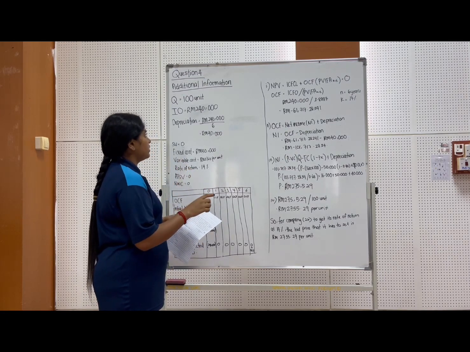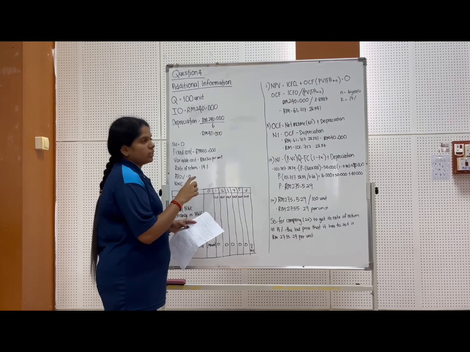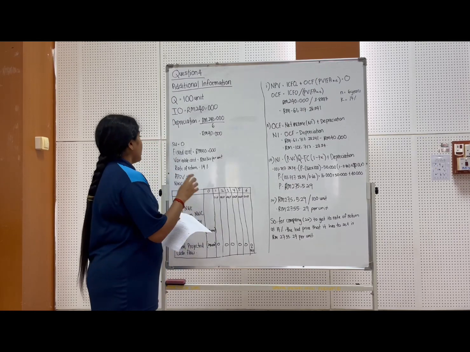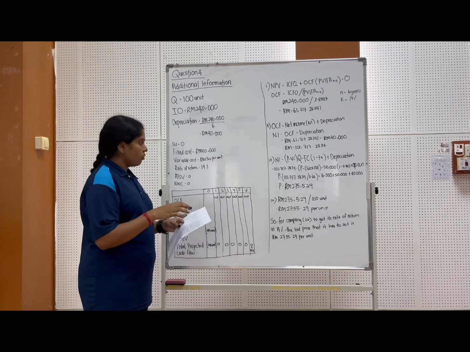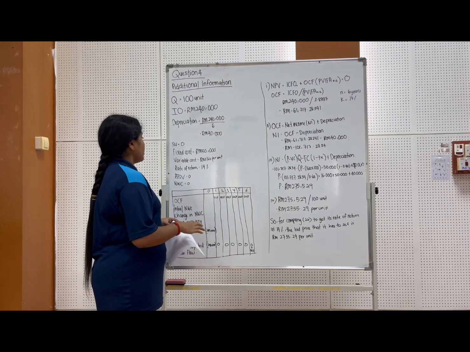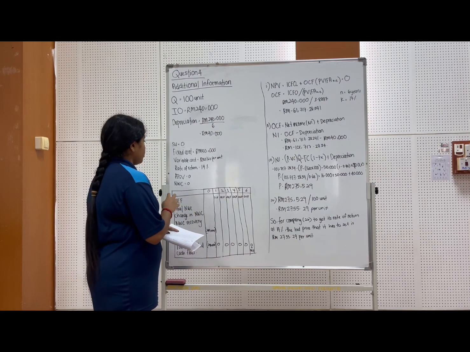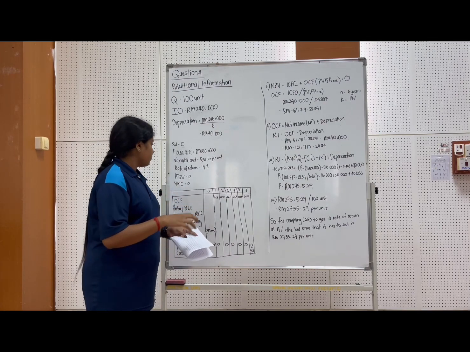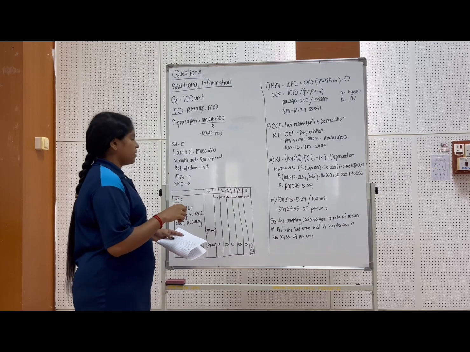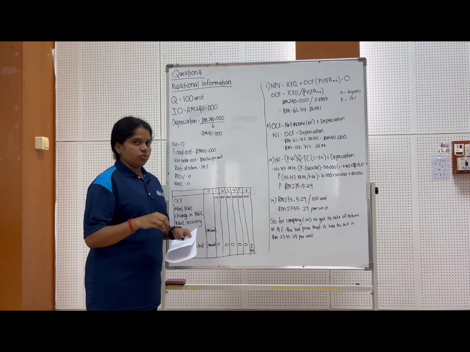Depreciation we need to calculate as 240,000 divided by 6 years, so it will be 40,000 depreciation. As salvage value is 0, fixed cost is 50,000 as stated in the question. Variable cost is 160 per unit. Rate of return is 14%. After-tax salvage value is 0 and net working capital is also 0.